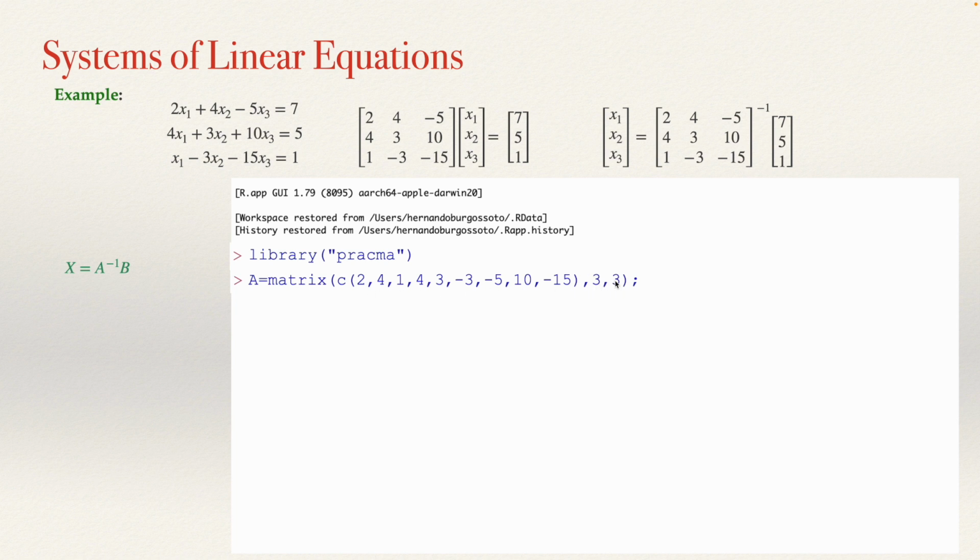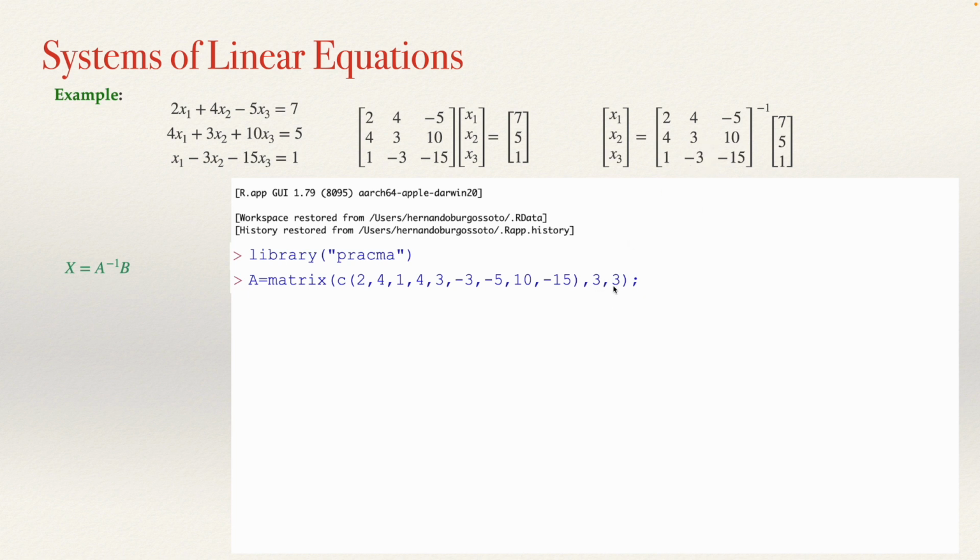If you don't type this, R is not going to understand how many rows, how many columns. If you have 9 elements, they can be combined in several ways. You can type 9 rows, only 1 column, or maybe 1 row, 9 columns, or maybe 3 columns, 3 rows. So for R to understand that this will be this matrix, you need to type the number of rows, number of columns.